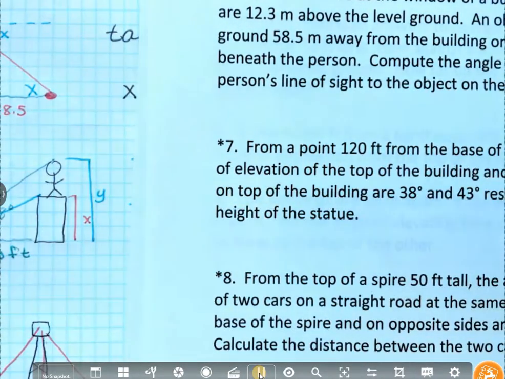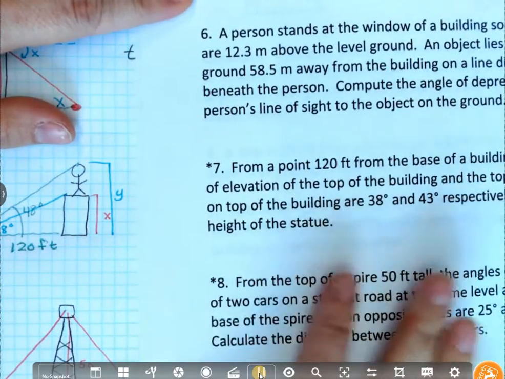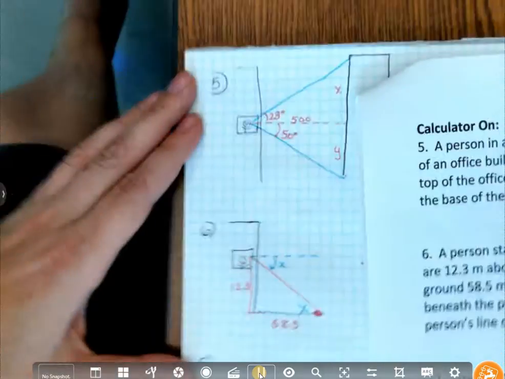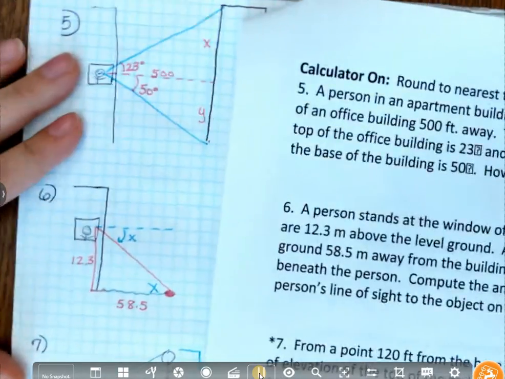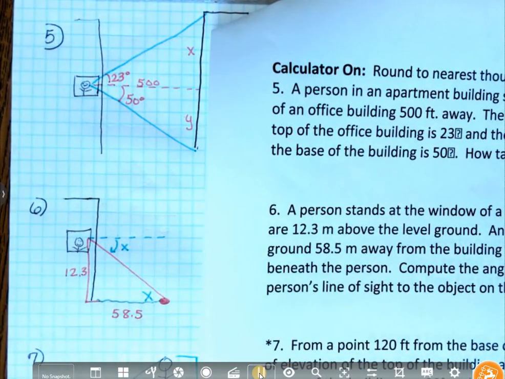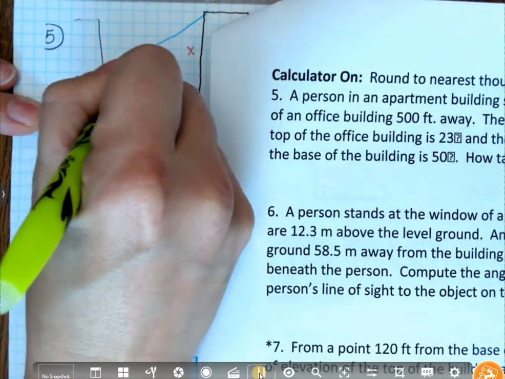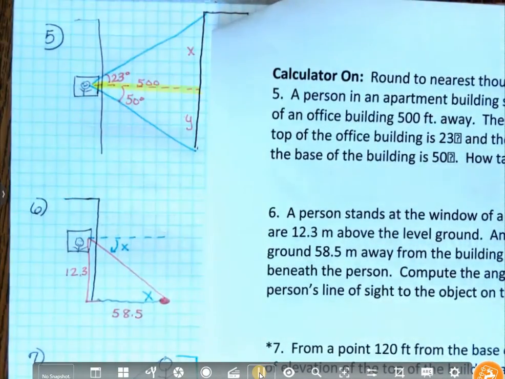So looking at the pictures for each of these, let's just make sure that we're all on the same page. So that's my picture for number 5. Make sure, again, I cannot stress this enough. Elevation or depression. Find wherever your horizontal is.